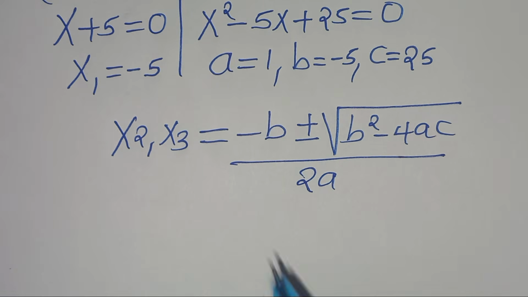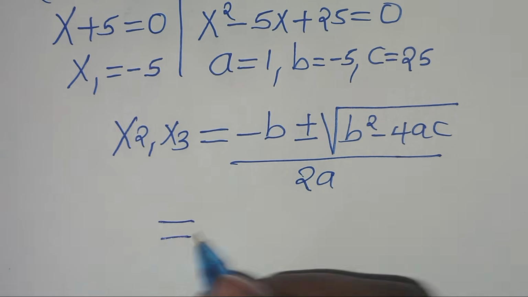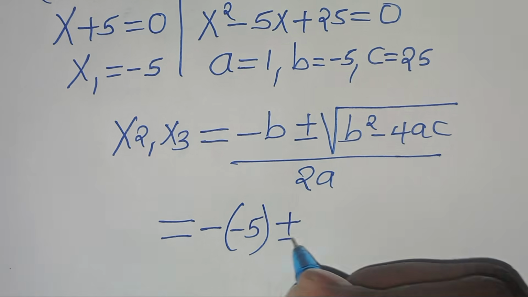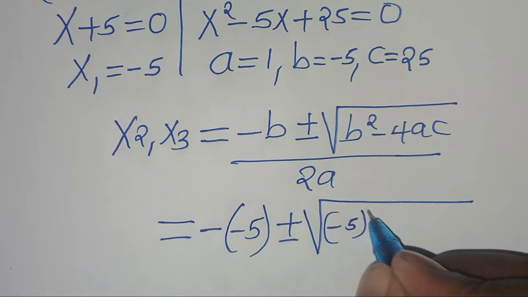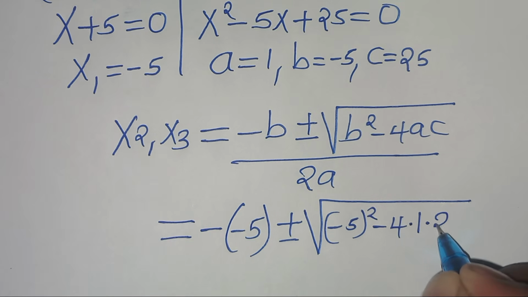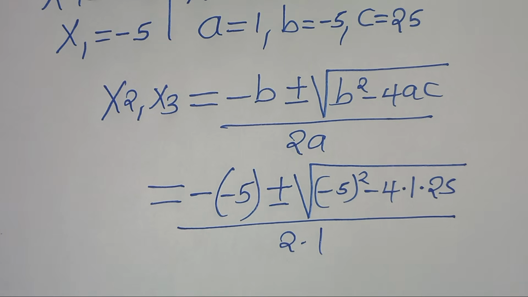Now let's substitute a, b, and c in this formula so that we have minus 5 plus or minus the square root of minus 5 to the power of 2 subtract 4 times a, which is 1, times c, which is 25, everything divided by 2 times 1.